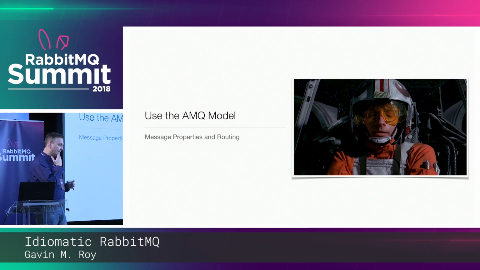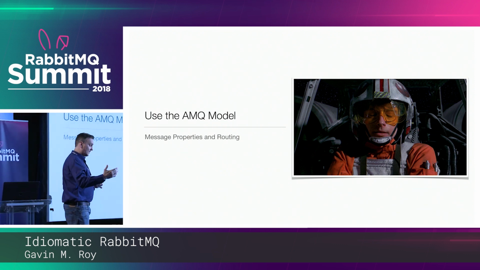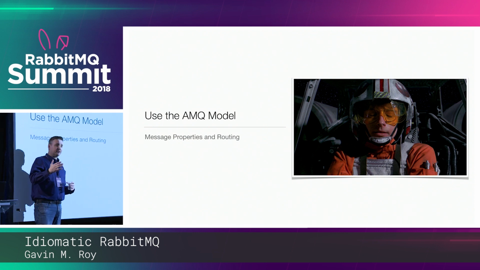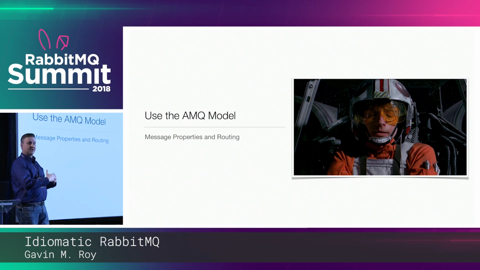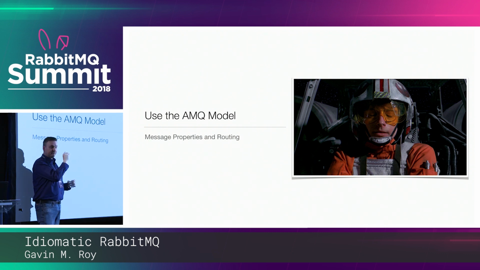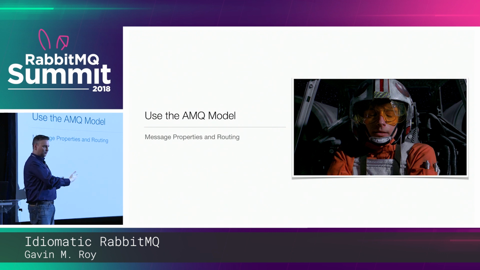So it's really interesting. This was a debate that I had very early on at Meet Me with my VP of engineering. I wanted to embrace the model and use properties to describe the message, and he wanted the flexibility to move away from RabbitMQ if we wanted to or needed to something else. And so his perspective was we take and we put everything in the payload, and our applications then understand how the contract of the payload works to determine how we do messages, what the content is, when the message was created, what it's supposed to be used for.